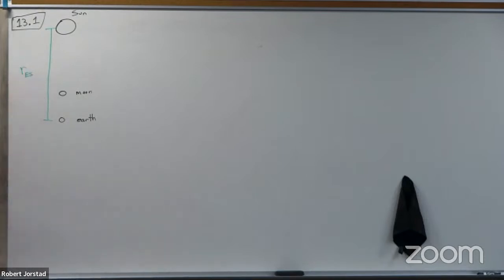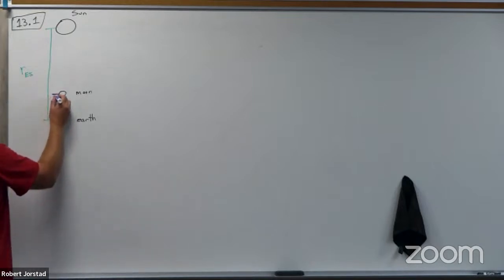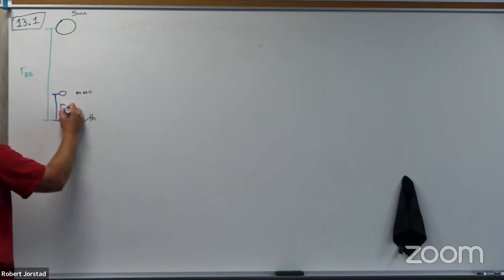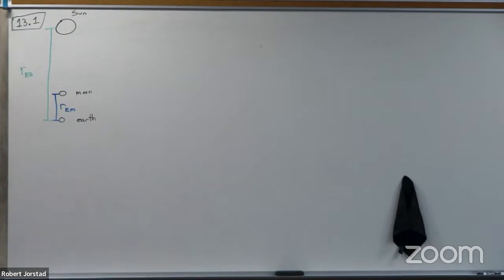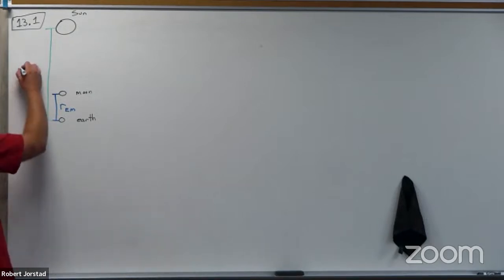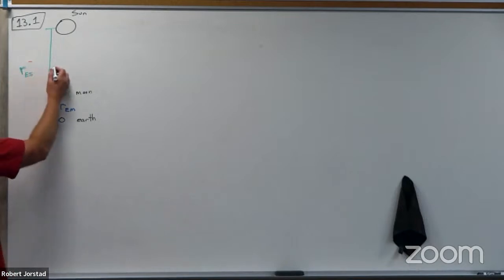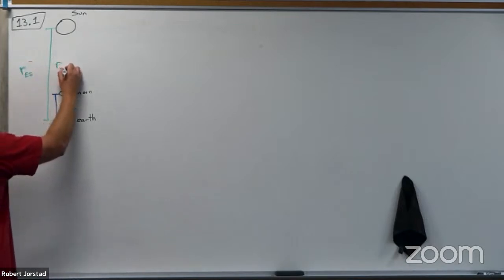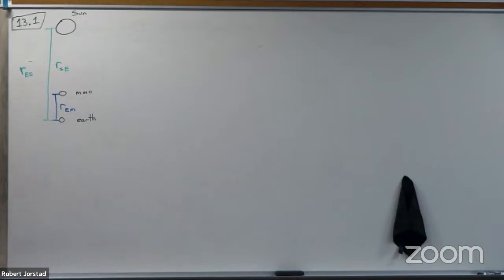All right. Now, to be clear, let's get back into this problem. So we've got the sun and the Earth. There's going to be a distance between them. There's going to be a distance between the Earth and the moon. And just to be clear, as far as distance goes, do you agree Earth-Sun is the same as Sun-Earth in terms of distance?